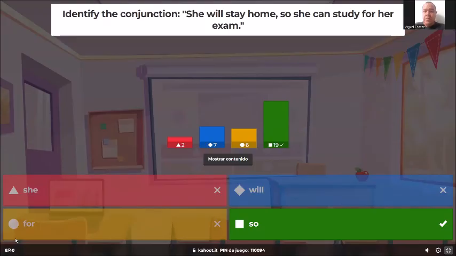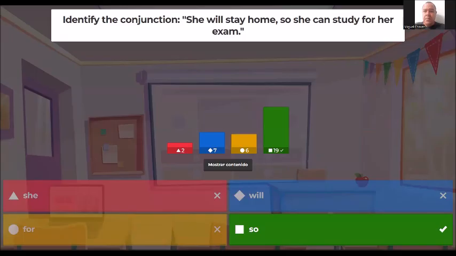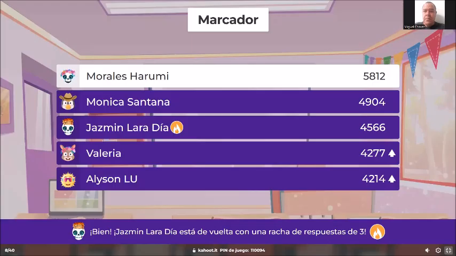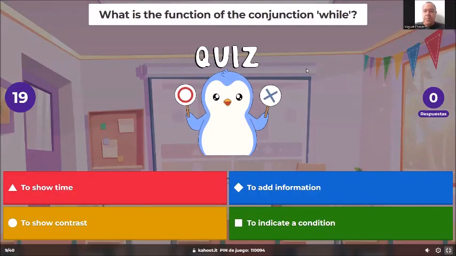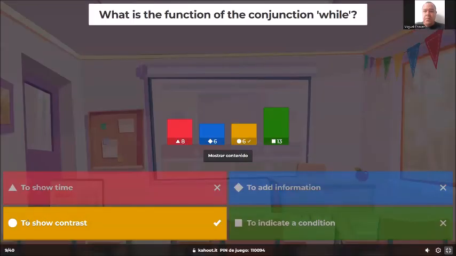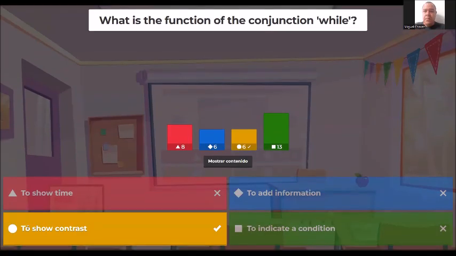So is the conjunction in this sentence. What is the function of the conjunction while?